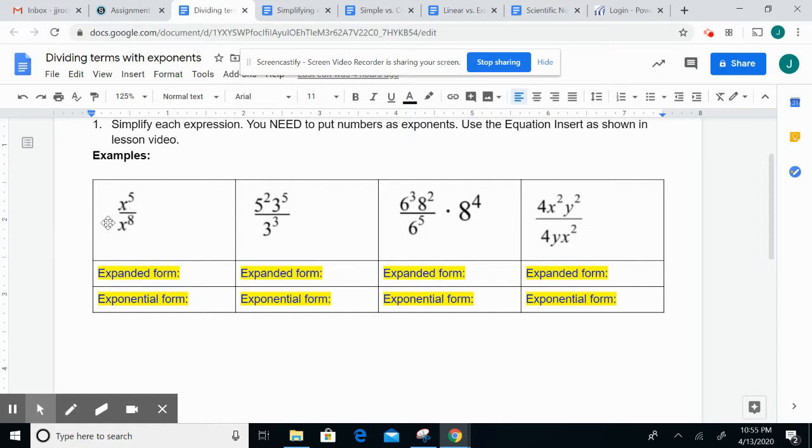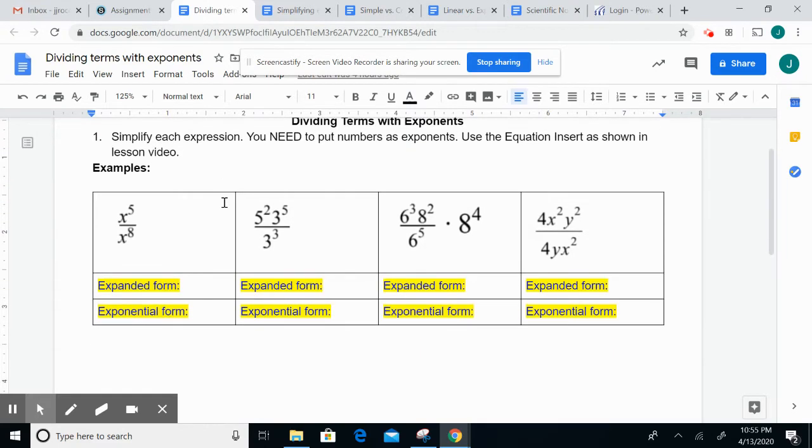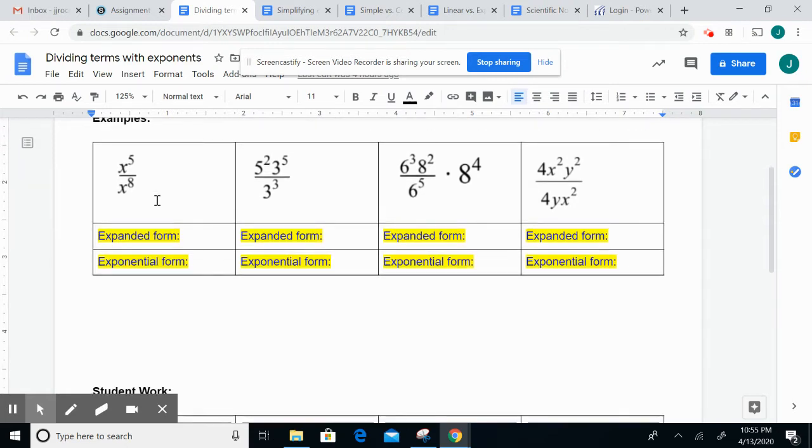On the top of this fraction, so we do have fractions. Fractions are the same thing as dividing. Instead of multiplying, we are going to divide x to the 5th divided by x to the 8th. Now, for your expanded form, just so you can see, deal with the numerator, then the denominator, and then we'll worry about how to combine them.